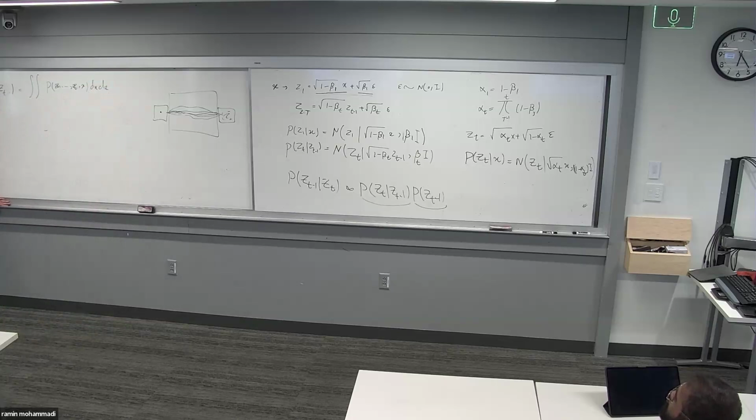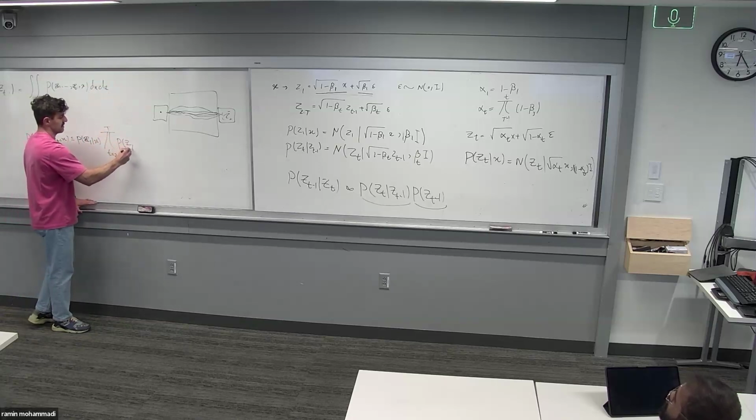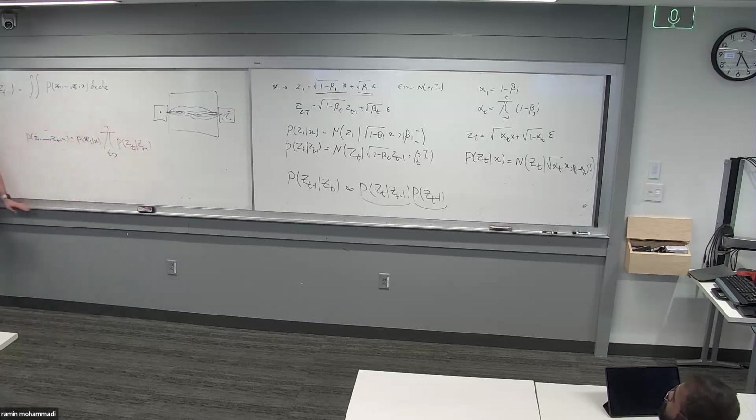It's Markovian. The probability of z1 to zt and x is the probability of x, z1 given x, times, for t from 2 to the end, the probability of zt given zt minus 1. It was a Markovian property. Every time step only depends on the previous one, so it's a multiplication of all those probabilities.